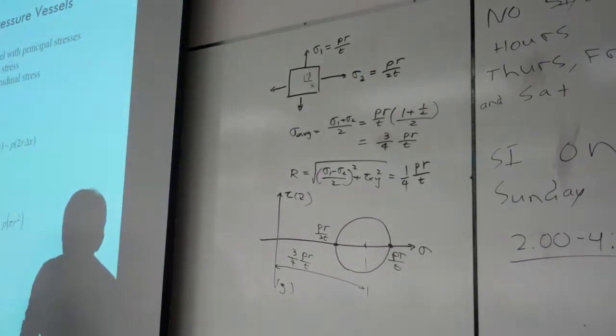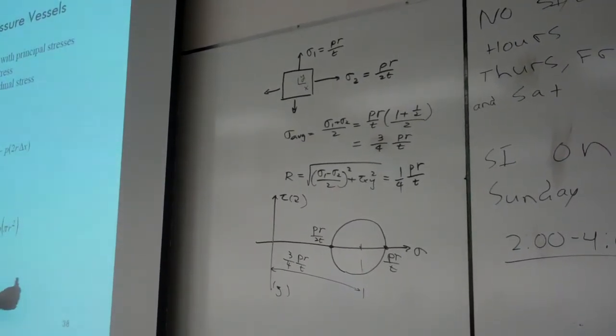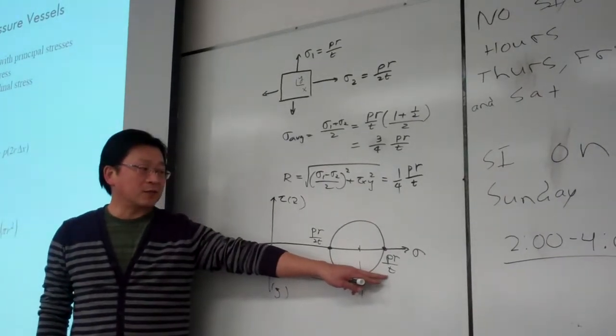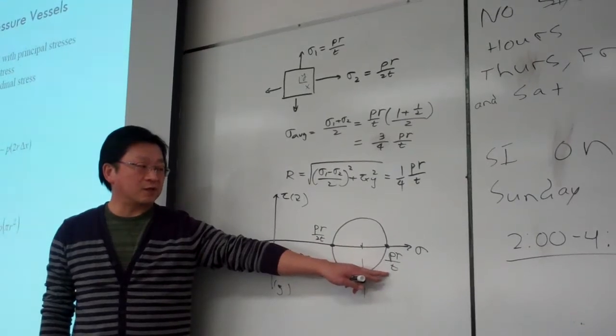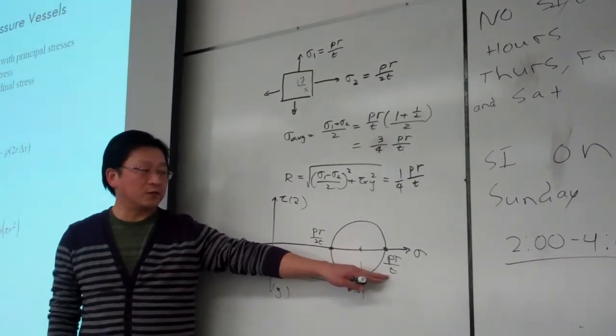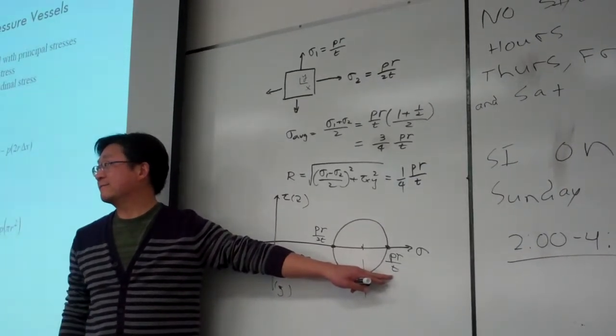So in terms of the design, we have to confine the maximum stress. For example, if we are given the allowable normal stress, then we have to make sure the PR over T is less than the allowable stress.